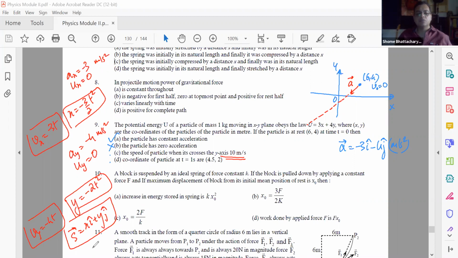So if it started from (6, 4), okay, so that means y is equal to 0. Oh, sorry, where it crosses the y-axis, the x coordinate should be 0. So this point has x equal to 0 and some y coordinate. Okay. So at that point, the x coordinate should be 0.